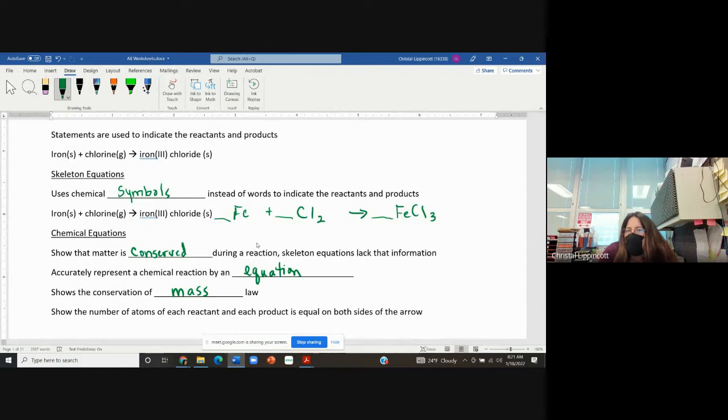So if you have 4 here and 12 or 6 here and 4 here, this is balanced, but these are not in the lowest whole number ratios because everything can be divided by 2. So make sure that you're careful with that because I don't mark the whole thing wrong, but I do take points off.